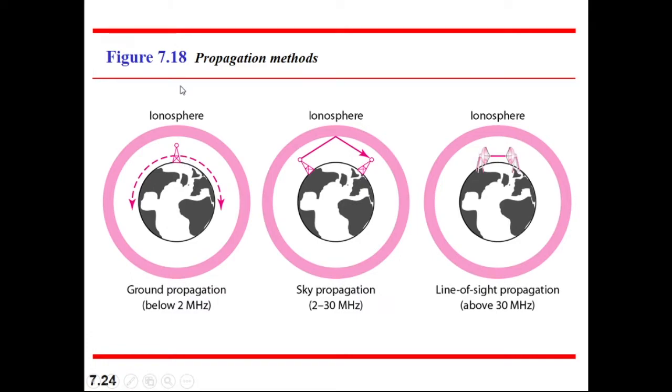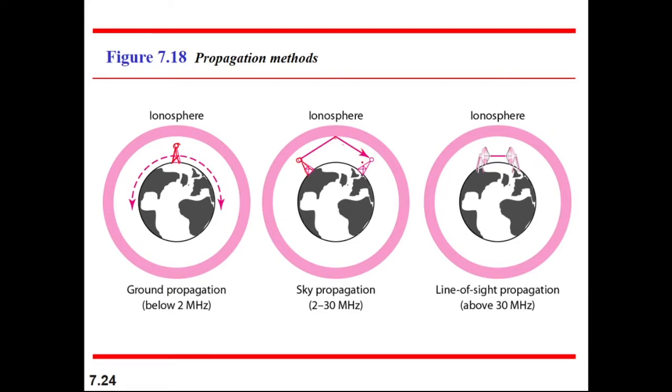This is ground propagation, and this is sky propagation. You can see these two antennas are placed in such a way that the signal is reflected by the ionosphere and can go to the other antenna.